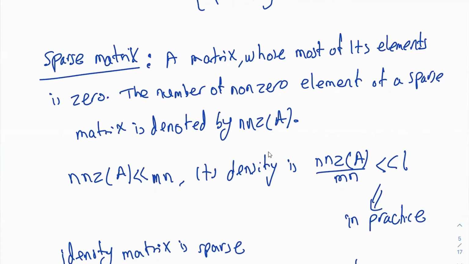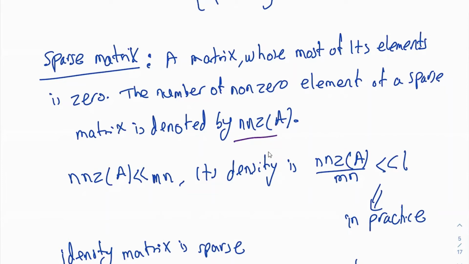Now, since they have special applications, or numerous applications in various literature, a concept that is very important for sparse matrices is the number of non-zero elements, or sometimes it's called the sparsity pattern. It's denoted by nnz(A), the number of non-zero elements, where A is the matrix that we are talking about.